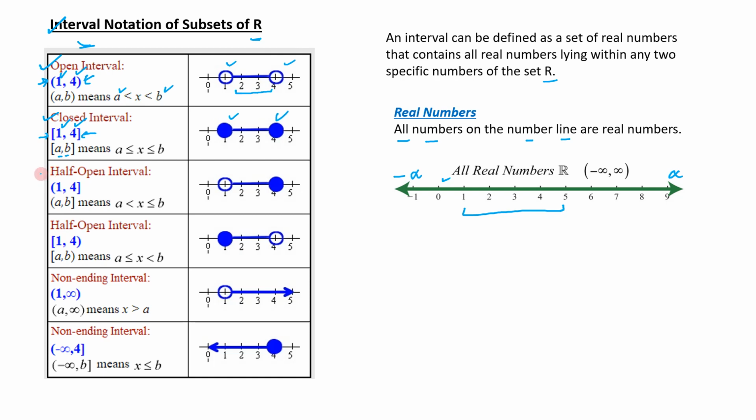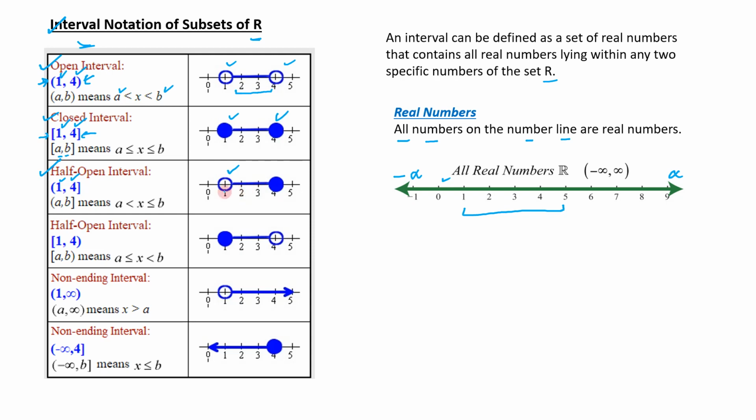Another type is the left half open interval. In order to understand this type of interval, we will take two numbers 1 and 4. Here you can see that the first endpoint, which is 1, has not been shaded, and the other endpoint, which is 4, has been shaded. So this means that we'll have to take all the numbers lying between 1 and 4.